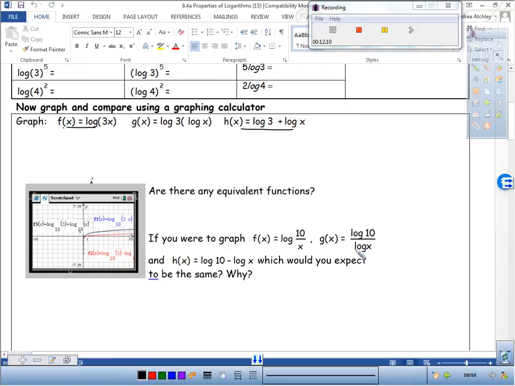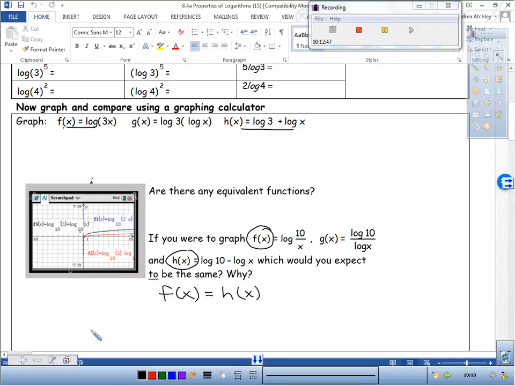Now if you graph these three, which would you expect to have the same graph in y? F of x and h of x, because they're the division property, right? If I'm dividing numbers, then if I subtract them, I should get the same thing. So f of x should equal h of x.